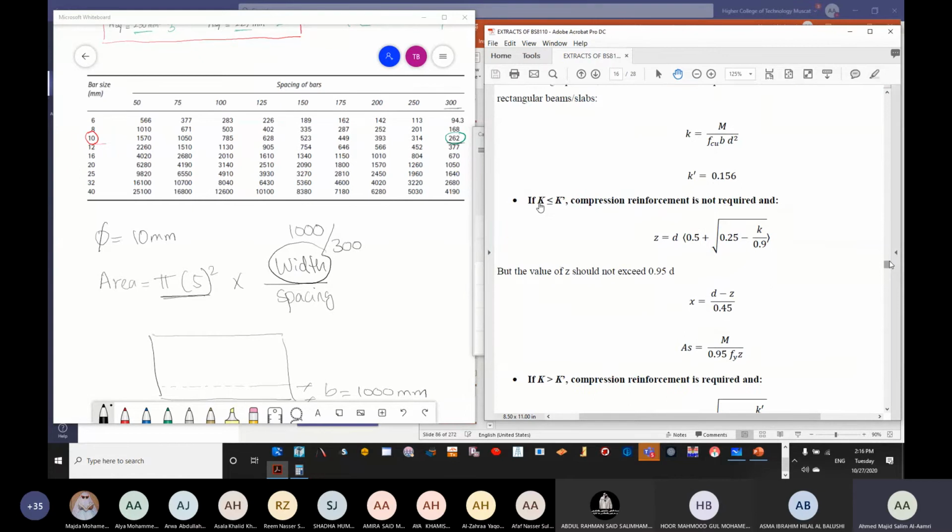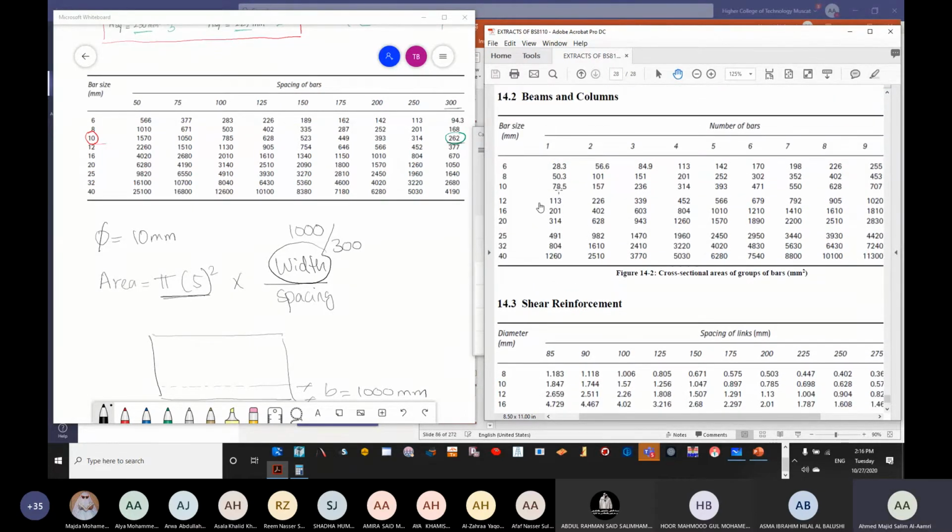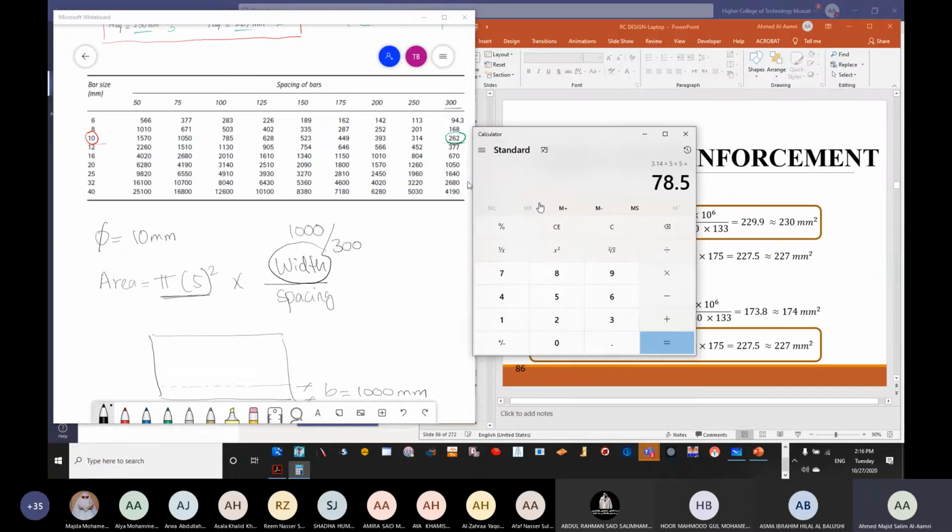You go to your extracts, and you can see that the area of 1 bar is going to be 78.5. So we have 78.5. We need to multiply by 1000 divided by 300, which approximately is going to give you 262.